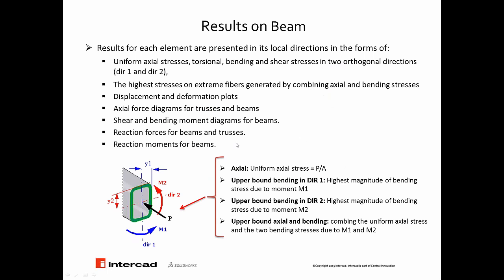Now, when you have defined your problem using different beam elements, you calculated the joints, you set the behavior of the joints, and you attach all your beam elements to the joints and solve the model, it's time to look at the results. There are multiple properties or criteria we can check after the solution, like uniform axial stresses, torsional, bending and shear stresses in orthogonal directions.